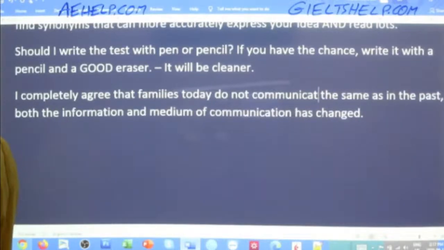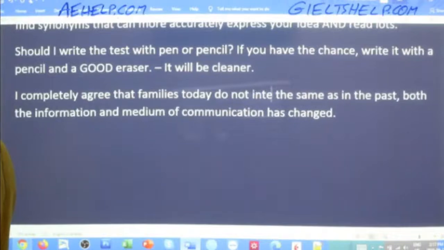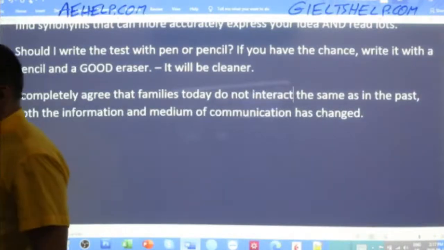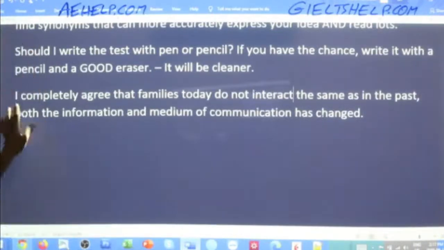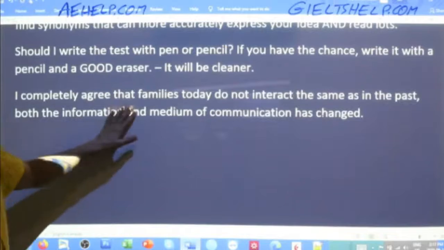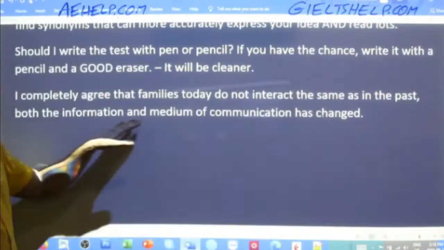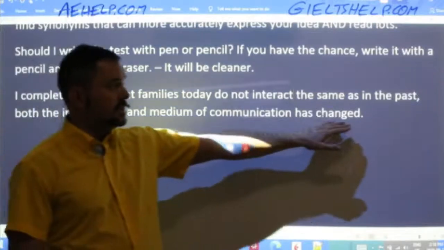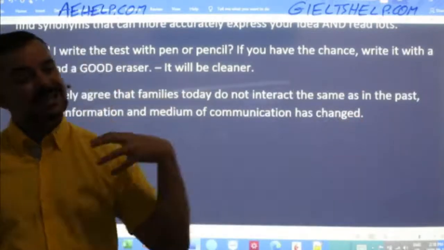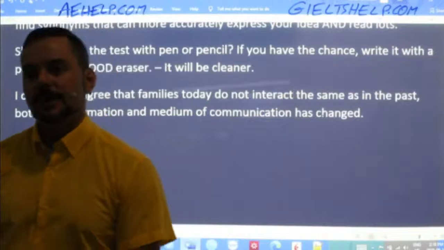And let's take out redundancy: interact. So this could have been your band 9 response to that question, Preeti. I completely agree that families today do not interact the same as in the past. Both the information and medium of communication has changed. If you got something like that going on, you were on the right track.